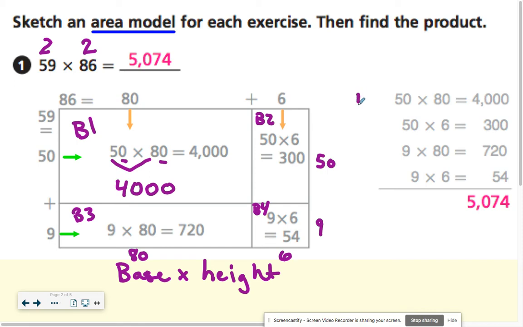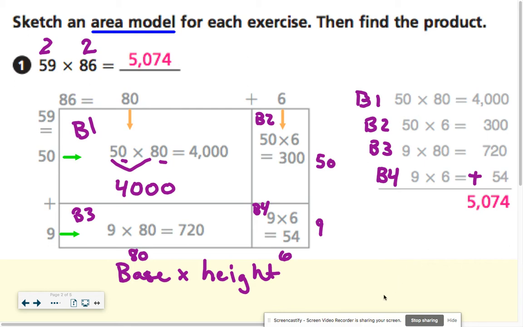But notice this one right here is your box 1, box 2, box 3, box 4. So if you make two smaller boxes, setting it up like this helps. Then what you're going to do is either add all your answers inside your box, or because you lined them up already, you add them up and you get your answer.